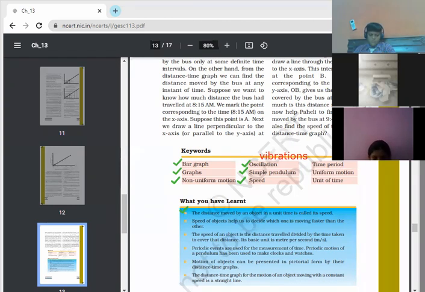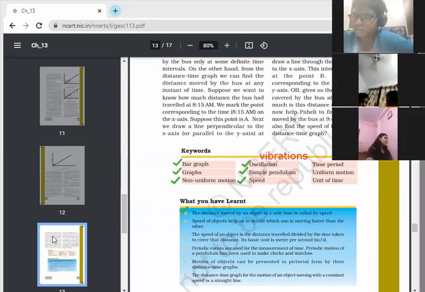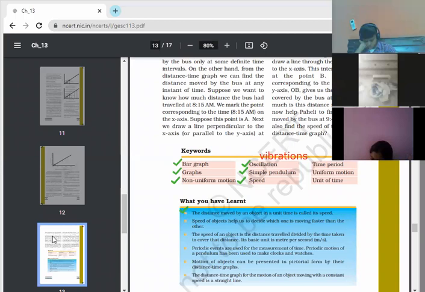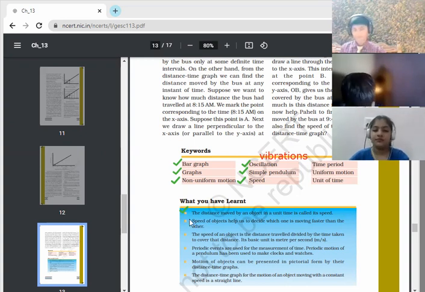Yes, Bhavya: The time taken by the pendulum to complete one oscillation is called its time period. The time taken by a pendulum to complete one oscillation.